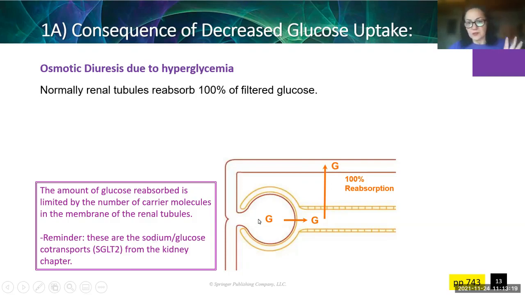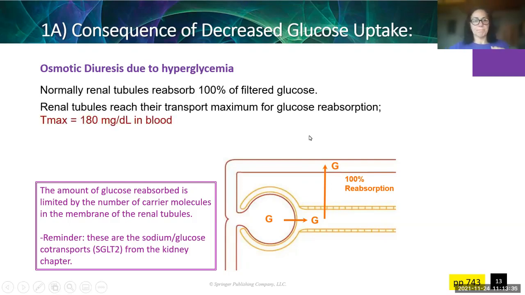Okay, so normally, some of the glucose that's in the blood comes out into the renal tubule. All of that gets reabsorbed as long as the blood glucose is in the normal range, between 70 and 110. There is that upper limit to how much can get reabsorbed, and in fact, that upper limit is well above what's normal for blood glucose.